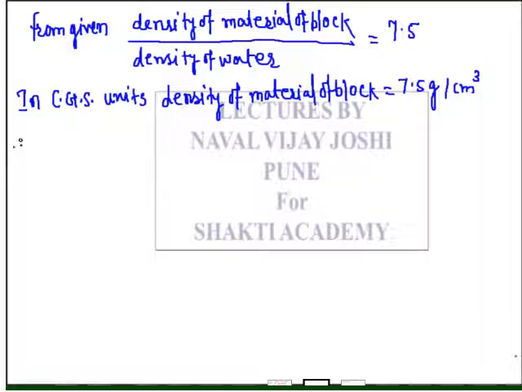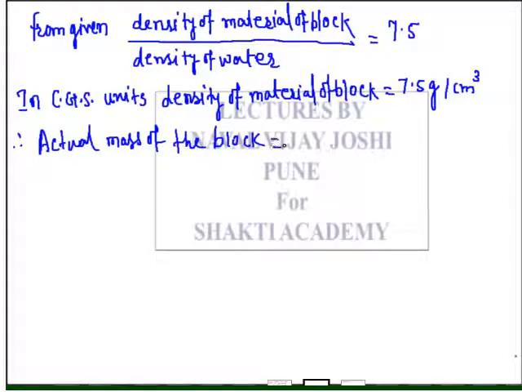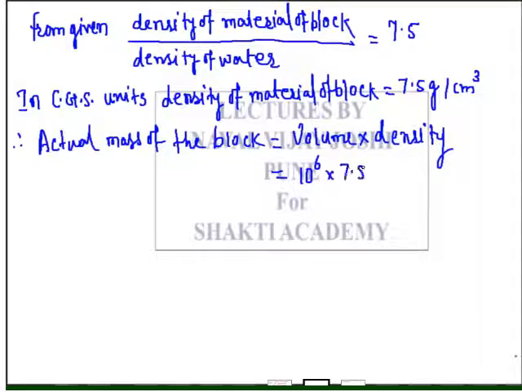Therefore, mass of the block, actual mass of the block, is equal to volume multiplied by density, and this is equal to, as we know, 10 raised to 6 multiplied by 7.5, and the unit would be gram.